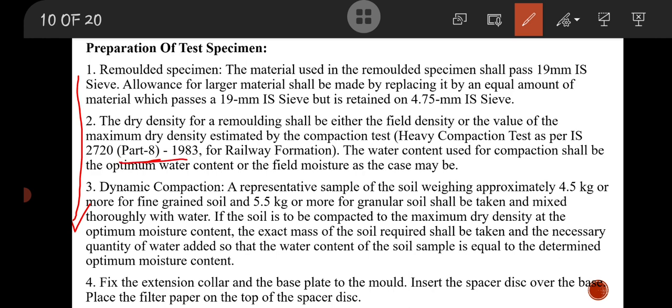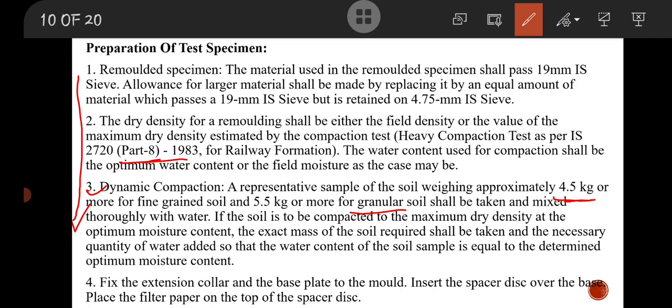We will check for remolding or dry density by the modified and standard Proctor test. Here we will give dynamic compaction. A representative sample of soil weighing approximately 4.5 kg or more for fine grained soil and 5.5 kg for granular soil shall be taken and mixed thoroughly with water.